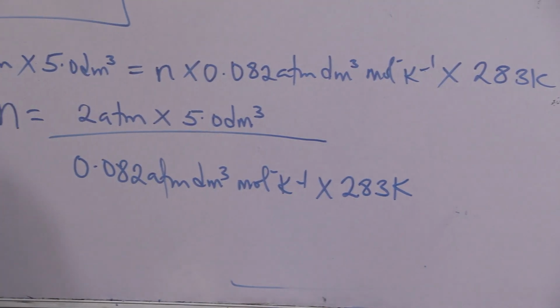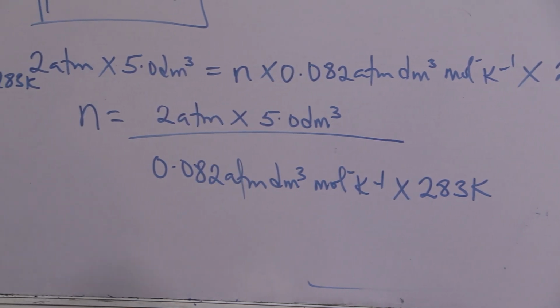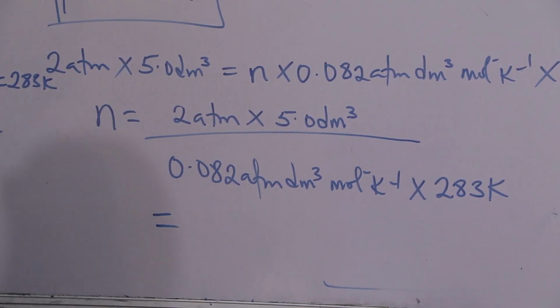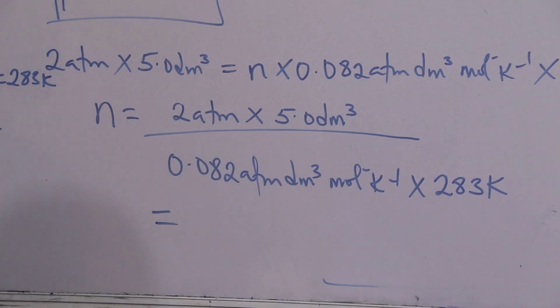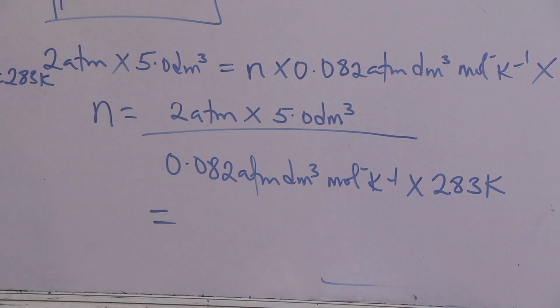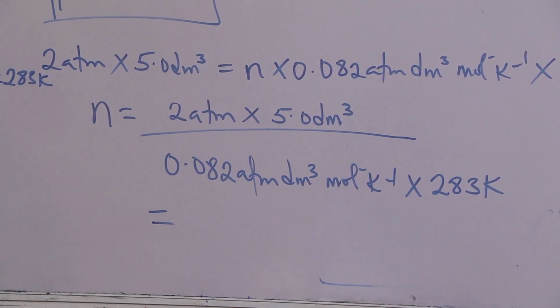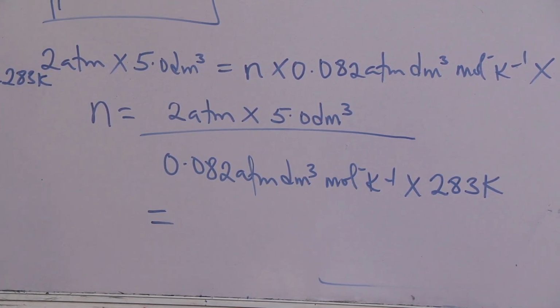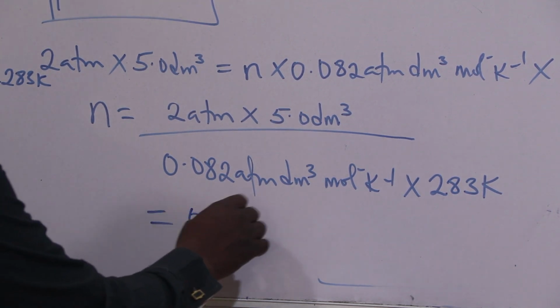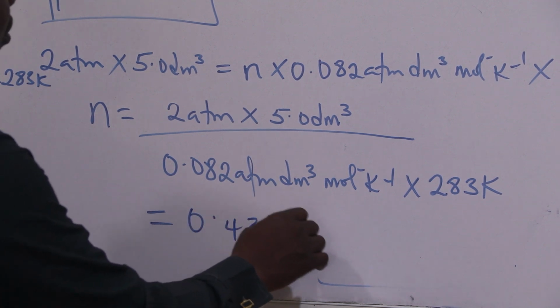Multiplying the top gives 10, divided by 0.082 times 283, and our final answer is 0.431 moles.